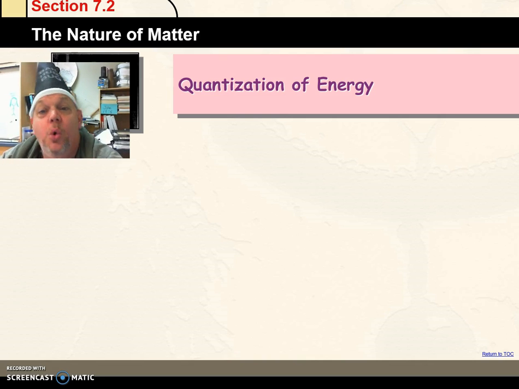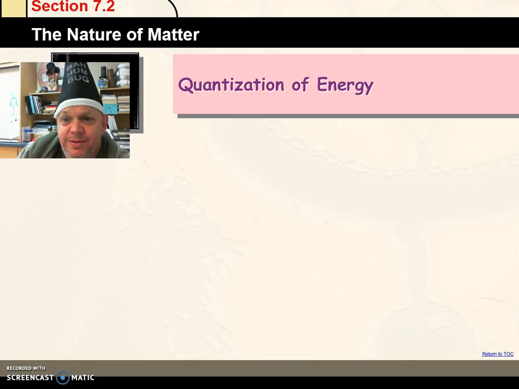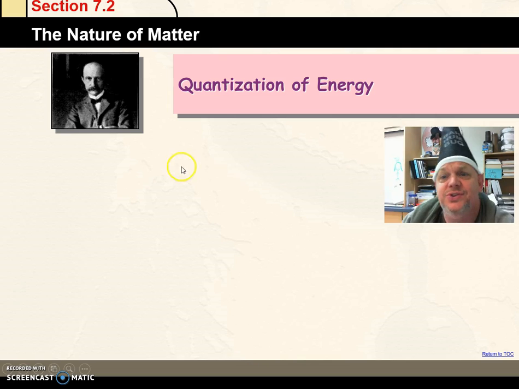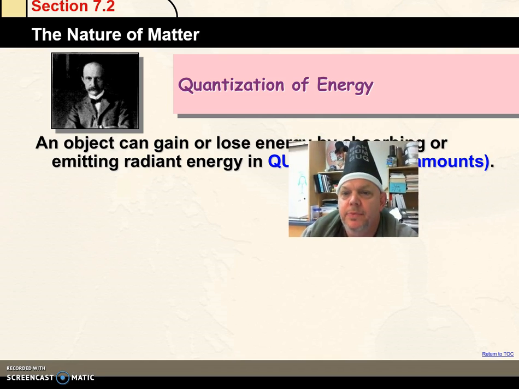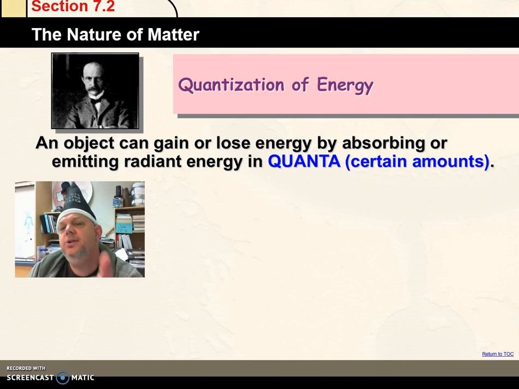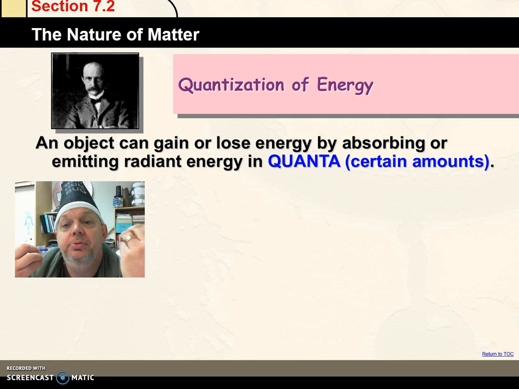Let's talk about the quantization of energy. Behind this, there would be this dude named Planck. Here's the idea. An object can gain or lose energy by absorbing or emitting. Absorbing, you're soaking it up.